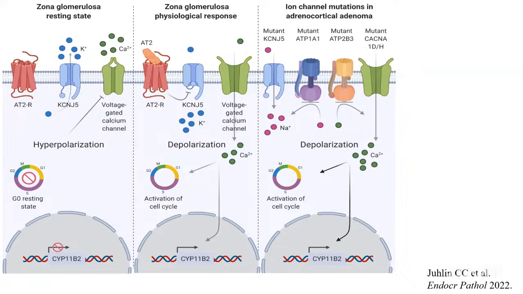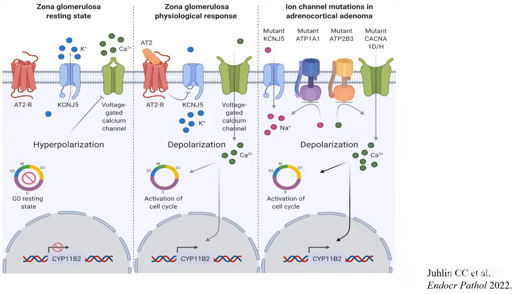So depolarization is the way to go if you want to activate the cell cycle and produce aldosterone in the zona glomerulosa. So if you have a mutation in any of these ion channels, this will mimic the physiological response of angiotensin II. So the mutations will cause a conformational change which will either keep some of these membrane bound ion channels open or closed, depending on whether it's an influx or efflux of these cations, which will either way lead to depolarization.